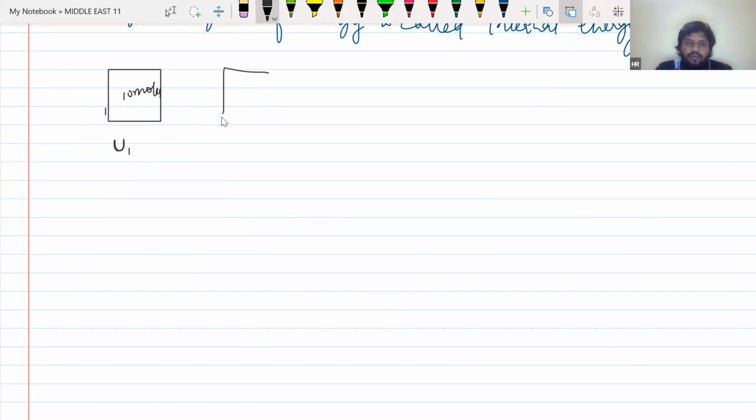If you take 3 moles out of this container, then it will be 7 moles and the internal energy U2. Which one is greater, U1 or U2? Are they equal, or is one greater? Which container has more internal energy?